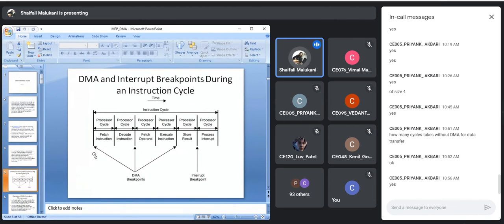It checks this after every machine cycle, like once it has fetched the instruction, it will check whether DMA has requested.